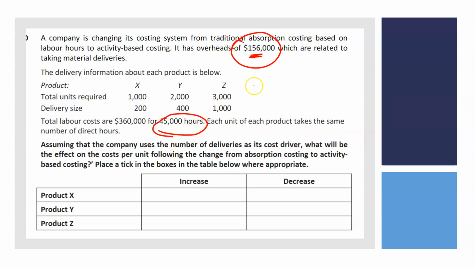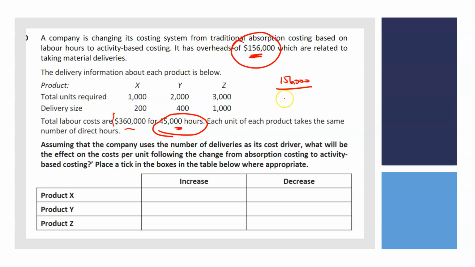So I'll just work that out on the basis of the total number of hours. Don't get harangued or waylaid by this here. This is direct labor costs. I'm interested in dealing with overheads. This is all about overheads. So what I can do is find what the overhead absorption rate is per hour, right?